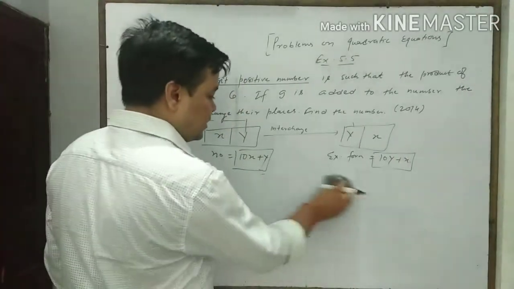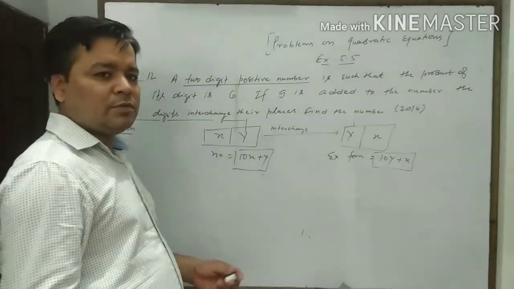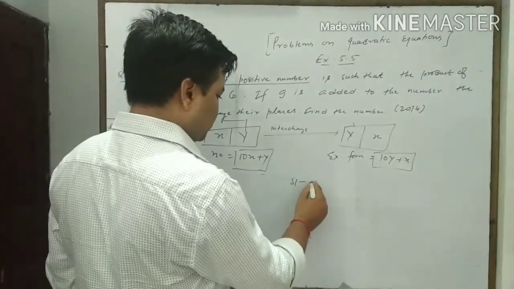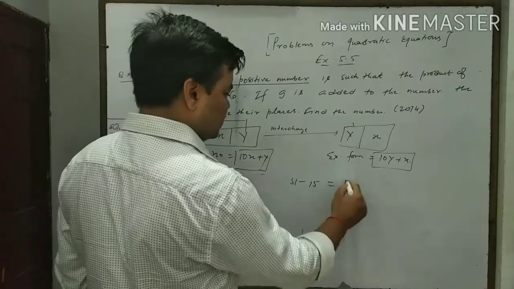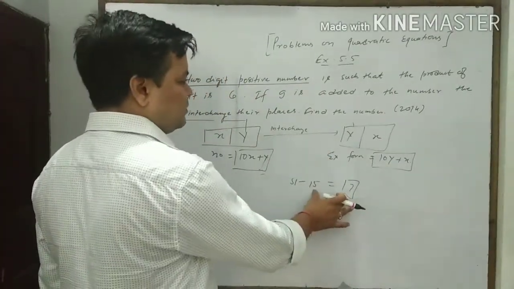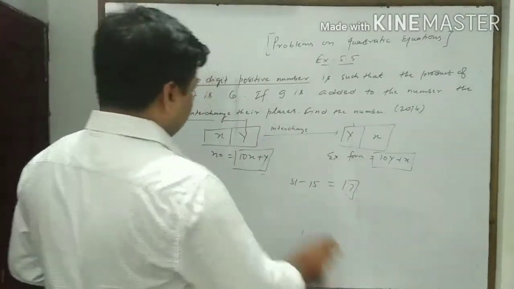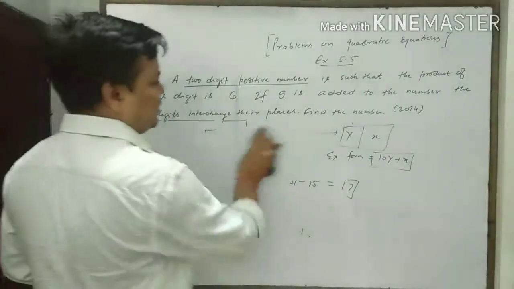Now the difference of these numbers will be some number, just like here 51 minus 15 is equal to something, and on the basis of this concept we try to find the solution. We should understand the concept behind this question.